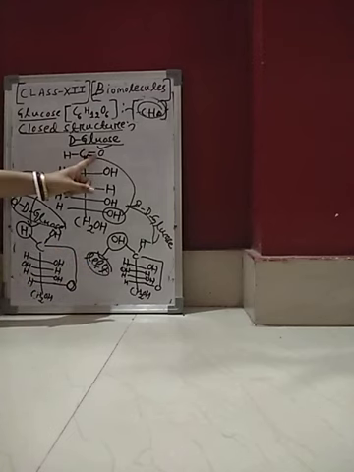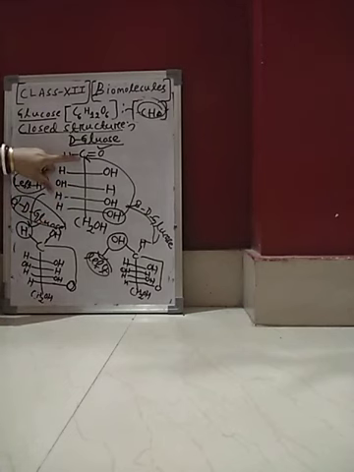And this O group will be common to carbon number 1 and carbon number 5. This is 1, 2, 3, 4 and 5. This O will be attached to this carbon and this carbon. So this is all about the closed structure of glucose.